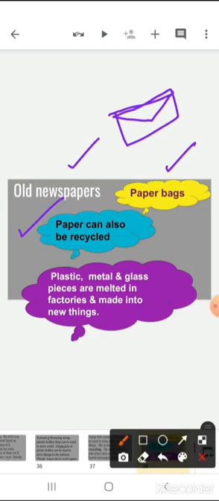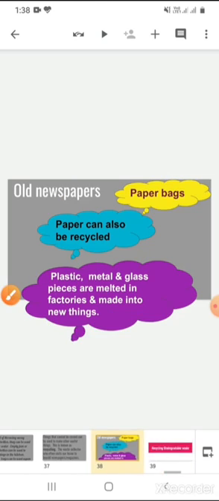Paper can also be recycled. Plastic, metal and glass pieces are melted in factories and made into new things.